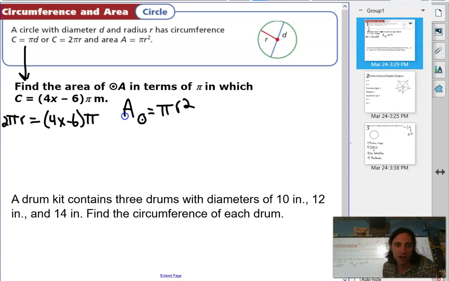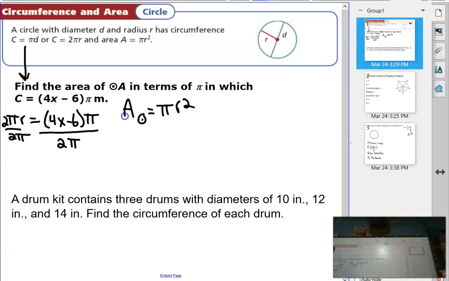To solve for r, I have to divide both sides by 2 pi. You'll notice anything divided by itself is 1. So pi divided by pi is 1, and then 2 goes into the rest, and that becomes 2x minus 3.